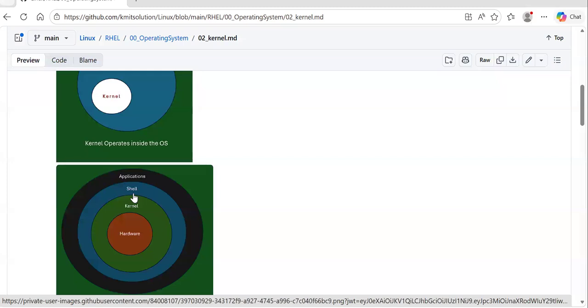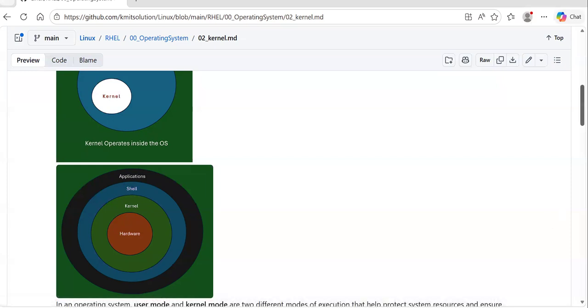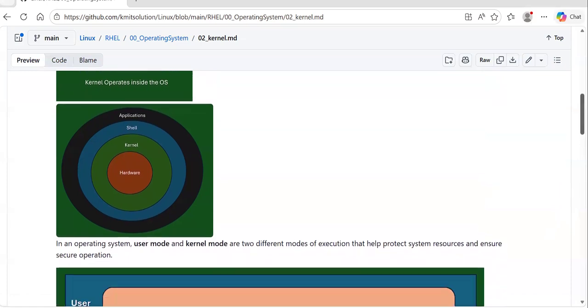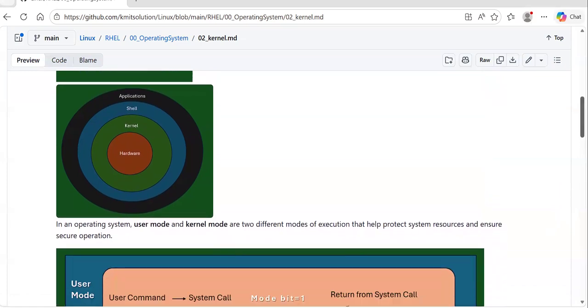For example, if you run any command, you run it on the shell, and shell sends the signals or system calls to kernel, and kernel sends it to the hardware. And there are some other applications which are running in the background or foreground. So this is how kernel is useful to interact applications or shell commands and connect to the hardware.